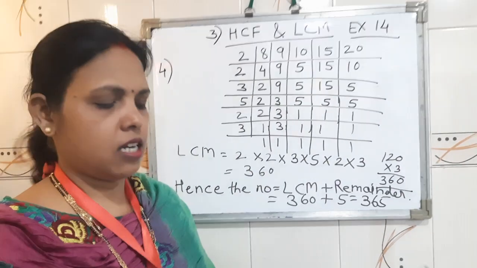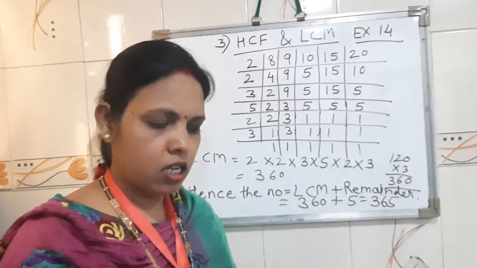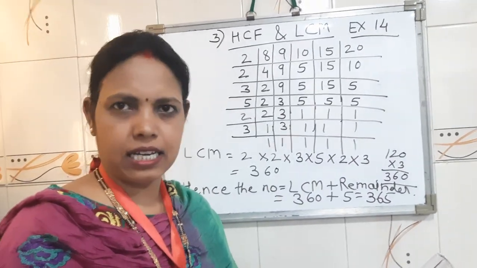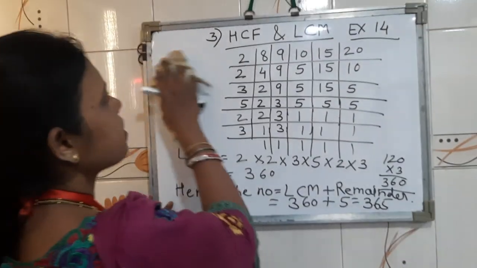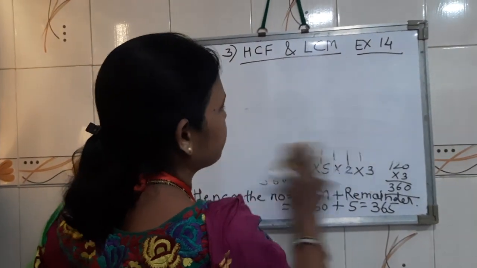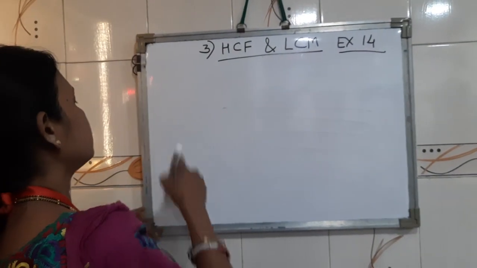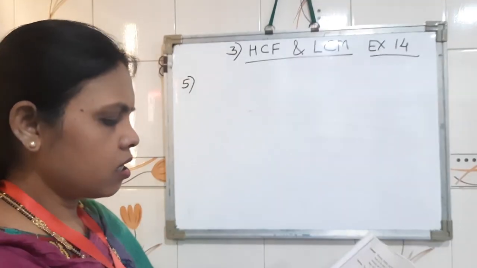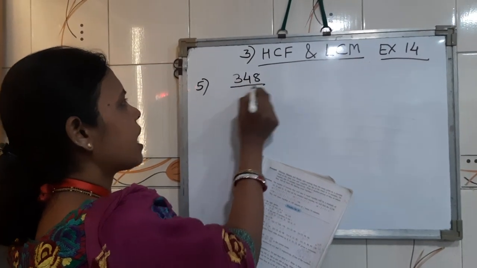Now we will move to our next question, question number 5. Reduce the fraction. Related to this sum, we had solved in last exercise 13, question number 2. Now the next sum we will solve is of the same type. Question number 5. Here 348 upon 319.